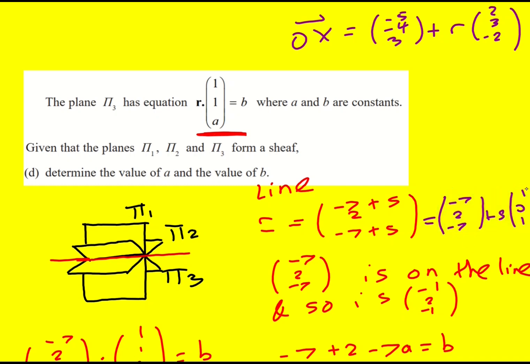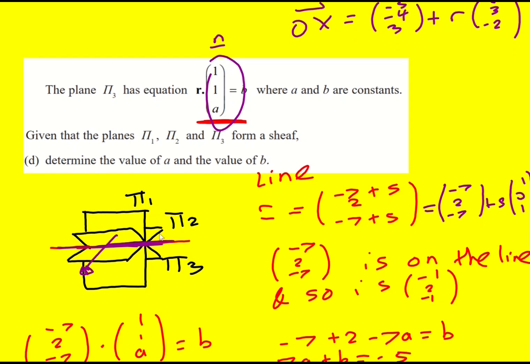Right, now remember we've got a normal vector here. That is a normal vector. And it must be that the normal vector from, say, pi3, it's going to be sort of coming out like that. That must be perpendicular to the direction vector of the line.